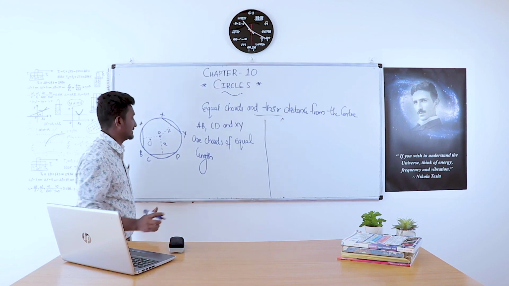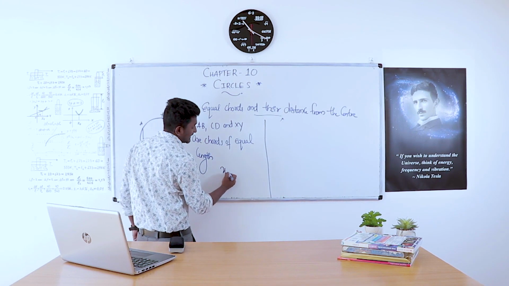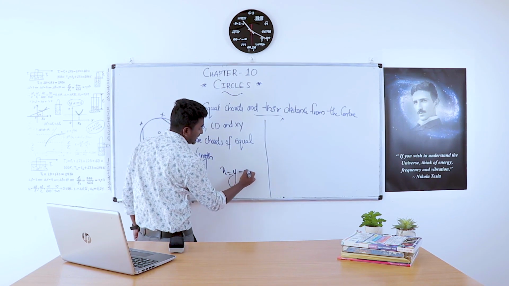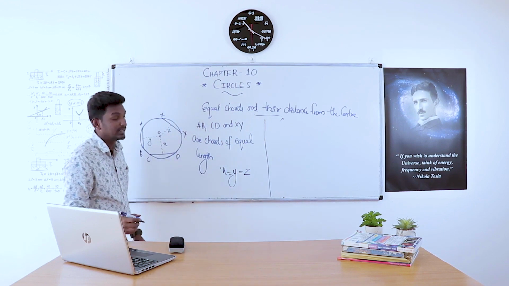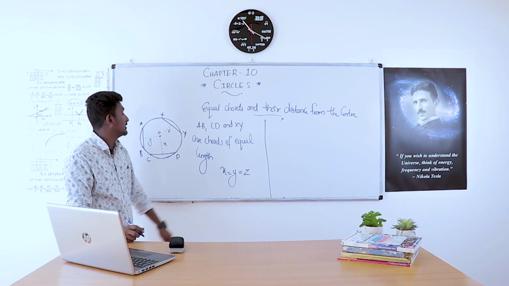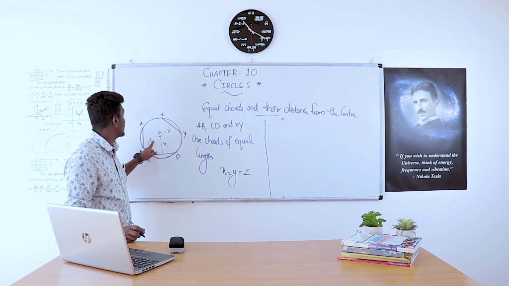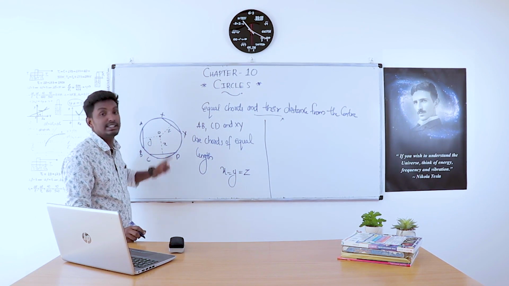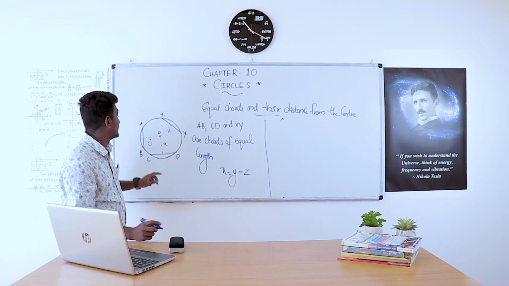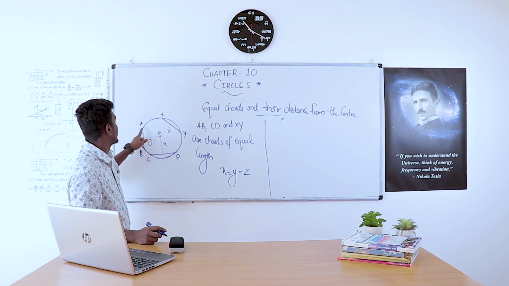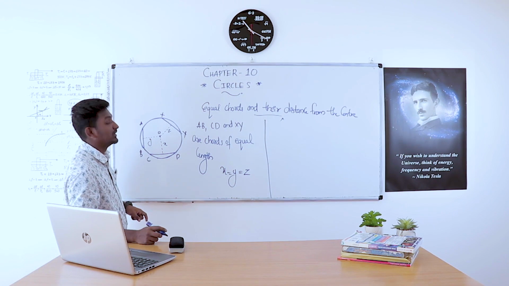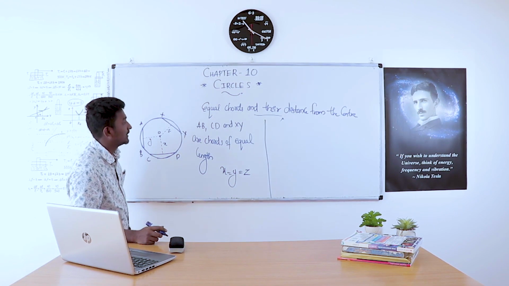That simply means that here x equal to y equal to z. O is the center. AB, CD and XY are chords of equal length. So from the center to these chords, distances are equal because the chords are of equal length.